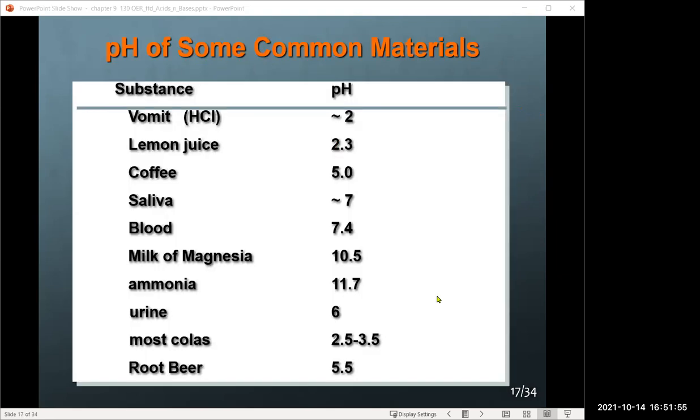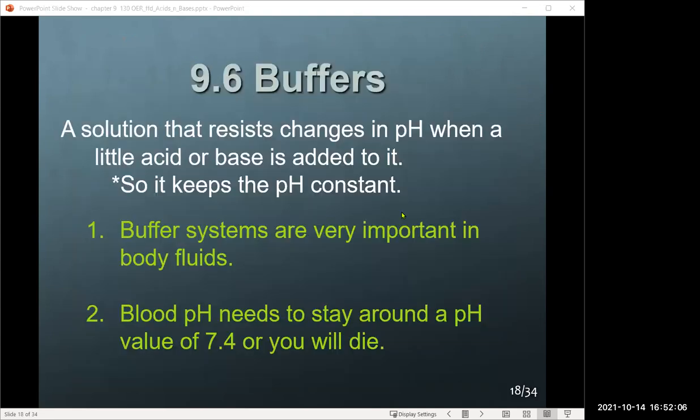All right, where am I at? So the common pH materials. Buffers. Now, the only takeaway here about buffers is they are compounds that we put together so that they maintain a specific pH value, maintain it constant. It is made up of base and acid material.